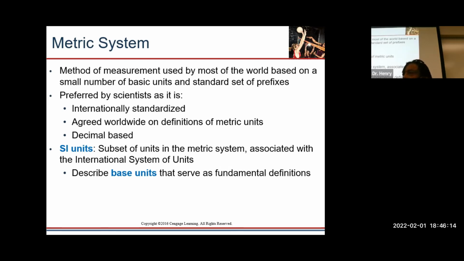So we want to find ways to make our lives a lot easier. Multiples of 10, everybody can use multiples of 10. It's not that hard, right? So that's one of the reasons why we try to use the metric system here in science. Now we're going to blow that up when we start talking about temperature, just so you guys know.